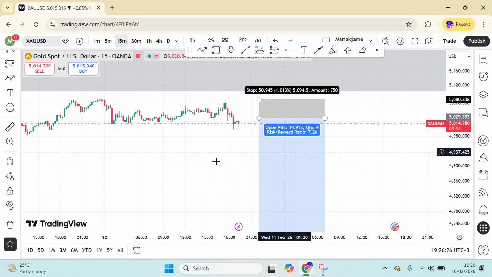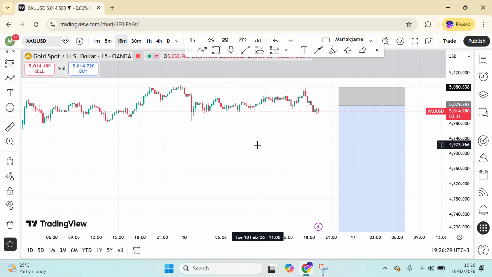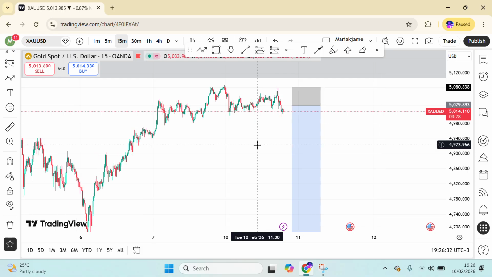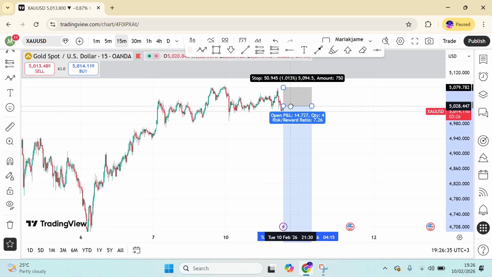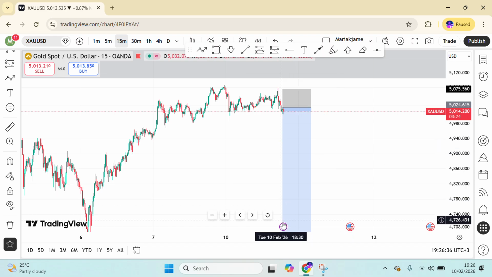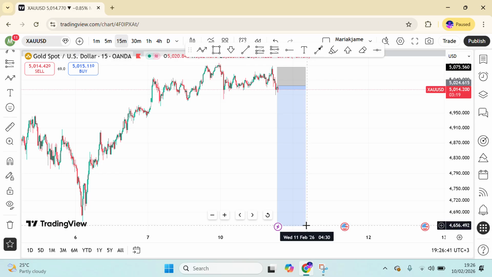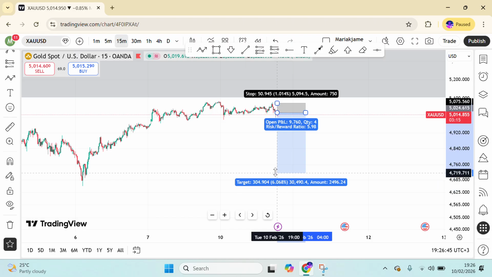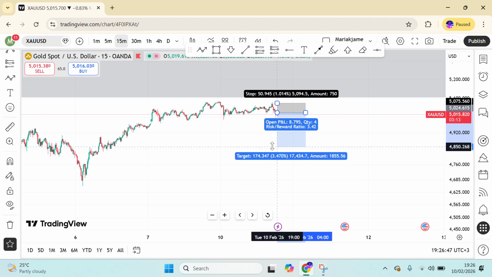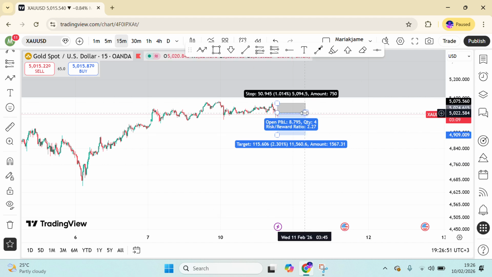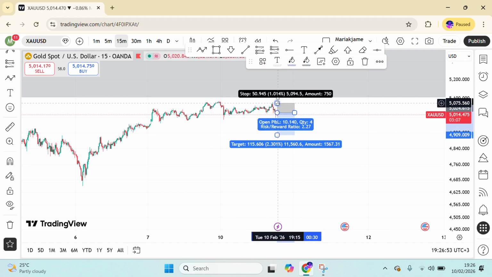As we were seeing that we are going for sales, what are we going to do here? You reduce on this. We just need to reduce on the size of our target. So let's just target this. That is going to be our target. We are going to sell from there.